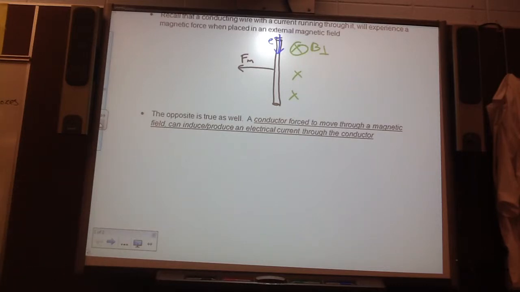A conductor forced to move through a magnetic field can induce or produce an electric current through the conductor.